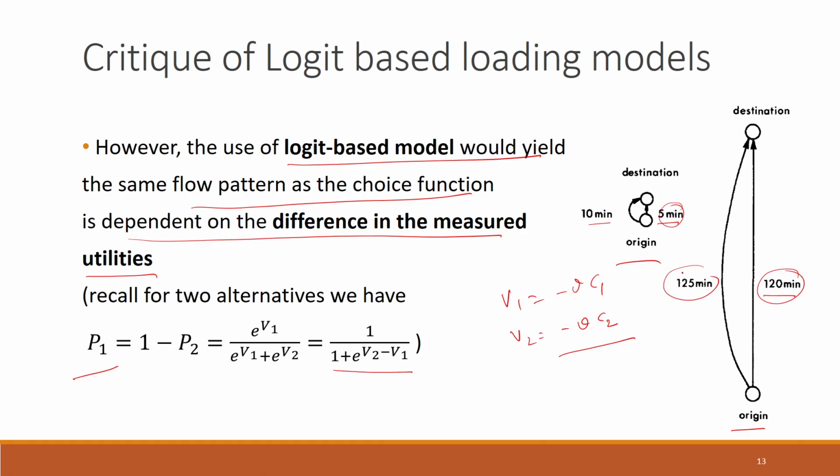Because since the lengths of these two paths, 125-minute and 120-minute, are very long, people will not think that this is too short a path as compared to this 5-minute path versus 10-minute path.